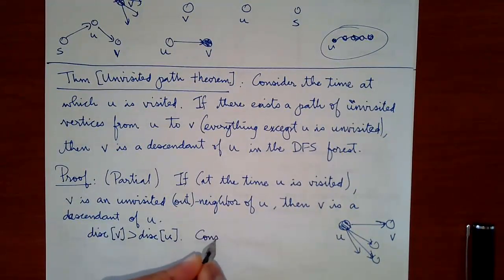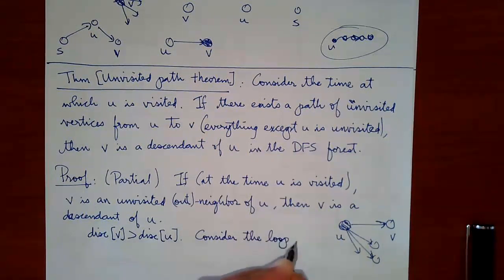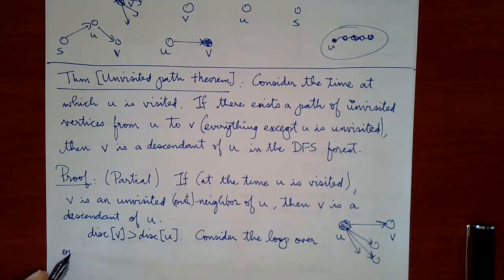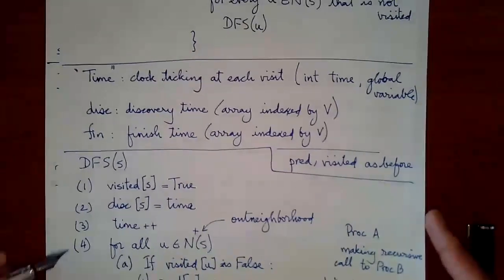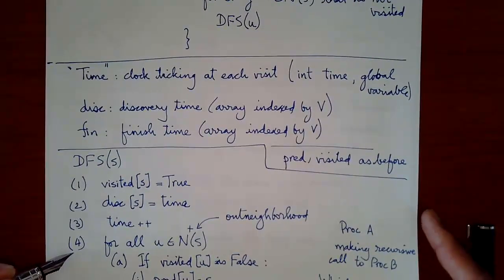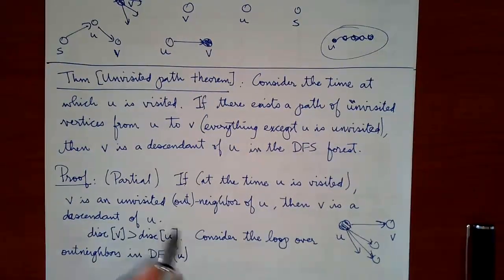So we say, consider the loop over out neighbors in DFS of U. By the loop over out neighbors, I mean step 4.